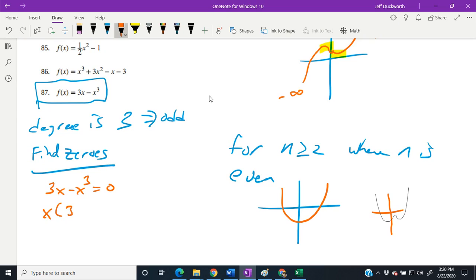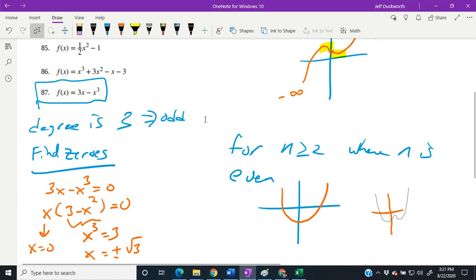We have 3 minus x squared equals 0. If either the x or the 3 minus x squared is 0, the entire function will equal 0. So clearly we have a 0 when x is 0. That will work. And for this part here, 3 minus x squared has to equal 0, so x squared needs to equal 3, which means x equals plus or minus root 3. Those are our possible zeros.